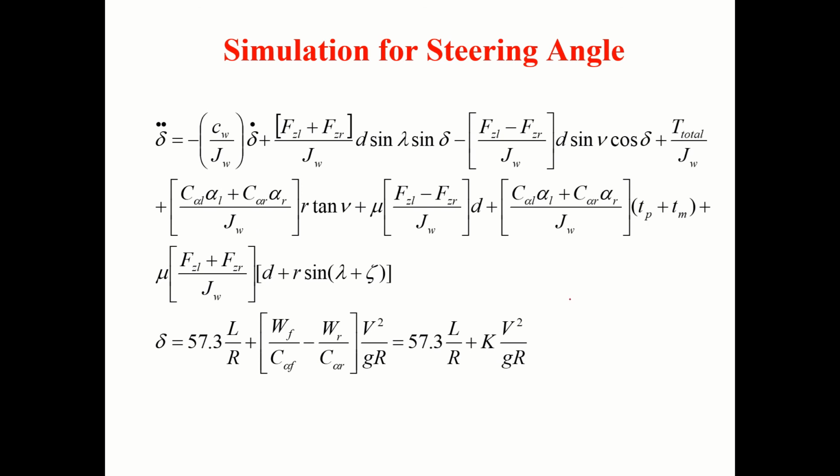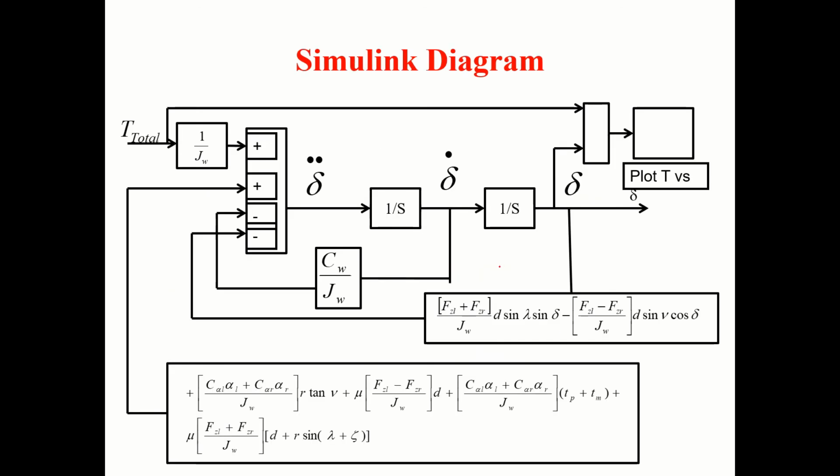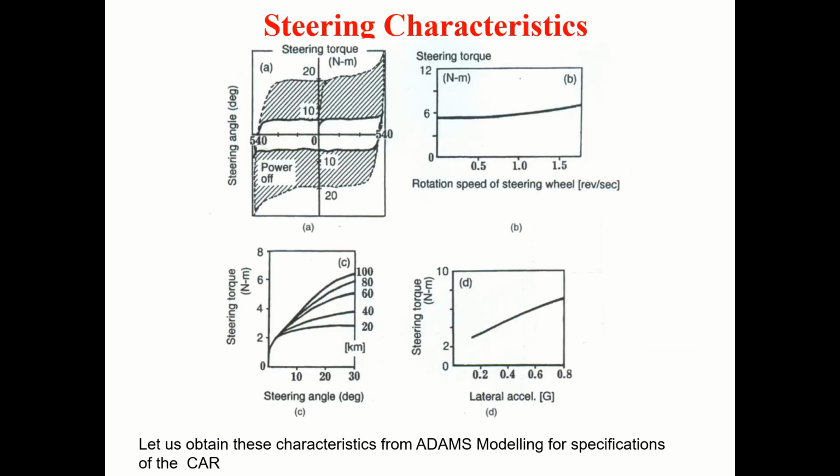Then we can rewrite the model equation. Then we can draw the Simulink diagram for that. Then we can plot T versus delta for different vehicle speeds.